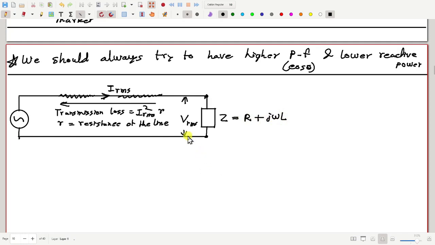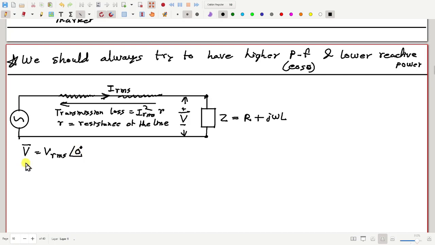Okay, so then, if the phasor voltage is V, let me write: V bar, where V bar is equal to V RMS. Let me take the angle to be equal to 0 degrees for simplicity.